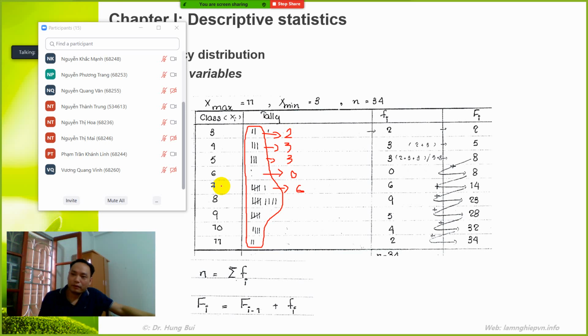Vinh, Vương Quang Vinh, how about the results? Same? I think same, huh? Is it same or different? Not I think, because you just look at the results and then look at the result on the screen, so you can say it's same or different. Okay, very good, same.